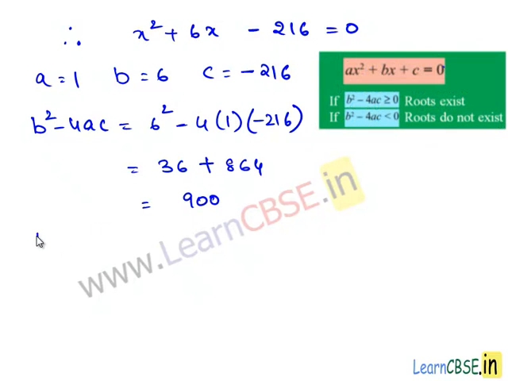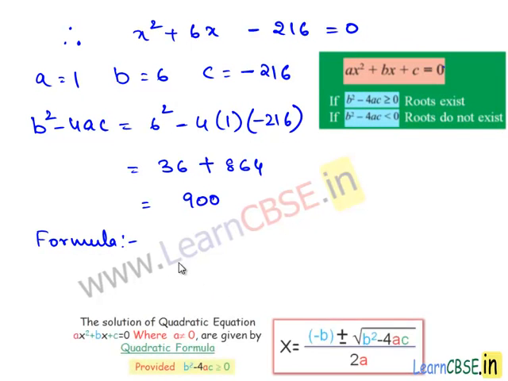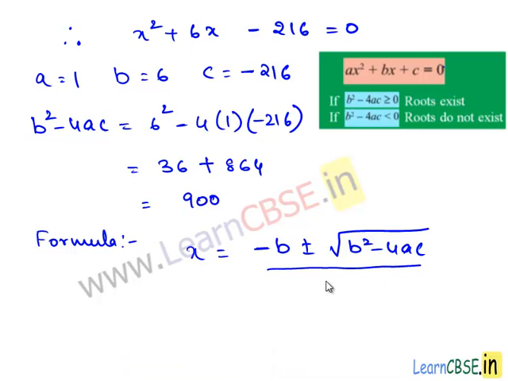So let us solve this equation using the formula to solve the quadratic equations. So the formula for the roots of a quadratic equation is x is equal to minus b plus or minus square root of b square minus 4ac whole divided by 2a.